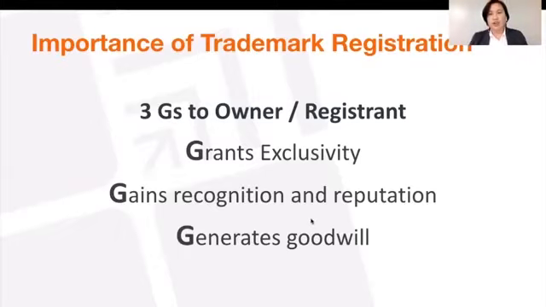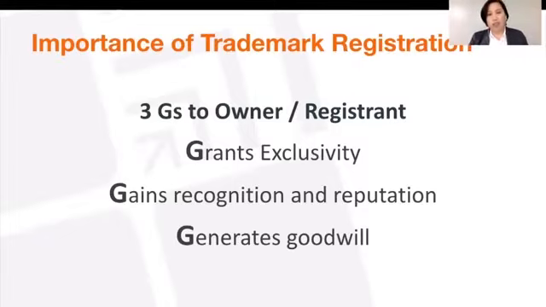Next, it gains recognition and reputation. How? Along with the distinctive mark that you have is the good quality that you should also produce in your product or in your service. And in that way, you gain recognition and reputation because consumers would keep on patronizing your product because of the good quality and good experience that they get from your product or your service.